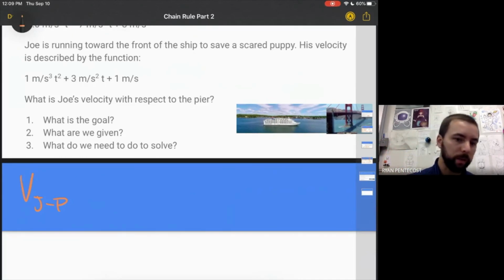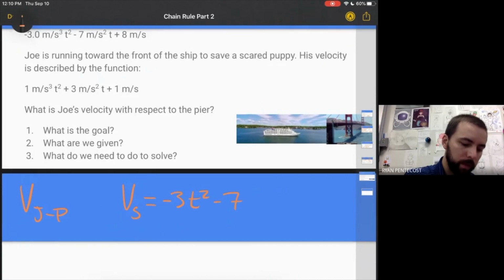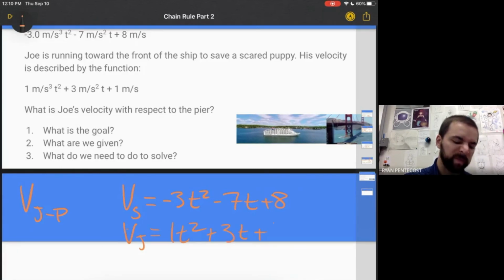So our givens: we have the velocity of the ship, which is negative 3t squared minus 7t plus 8. And the velocity of Joe is 1t squared plus 3t plus 1.